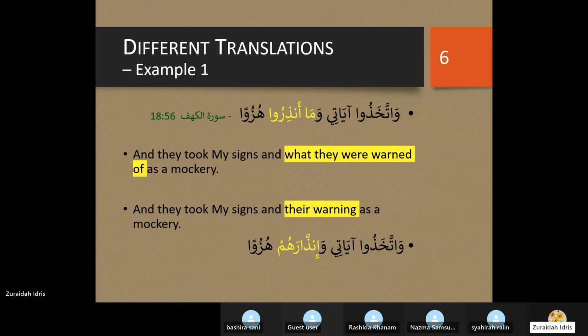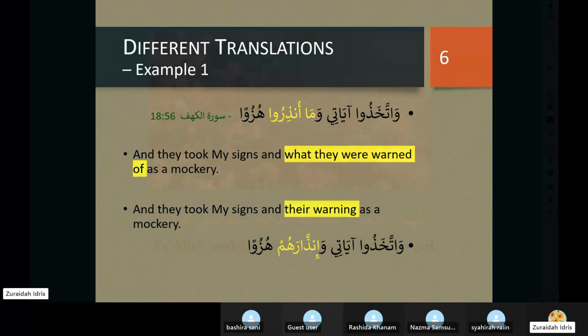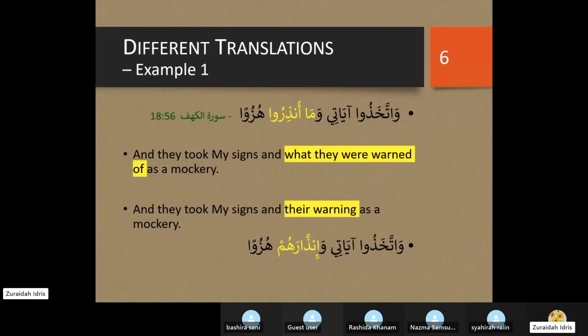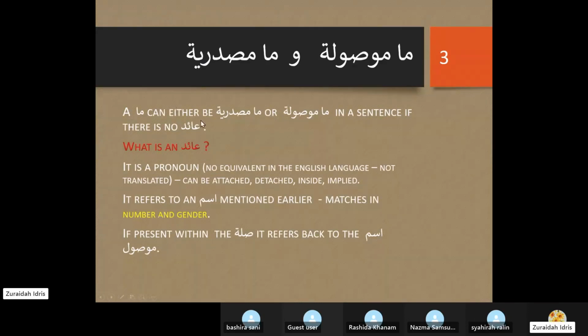Think about it. So you can only do this when there is no a'id. This is the qualifier. What did we say just now? What was the condition? Yeah, we said that the condition was that ma can either be masdariyah or mausulah if there is no a'id.